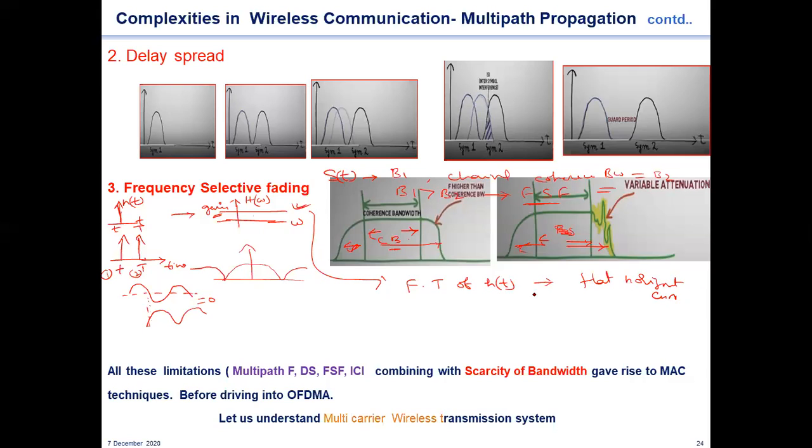I have not drawn the phase plot of the Fourier transform. The phase plot is quite a complex one, because this is nothing but the Fourier transform of the signal.